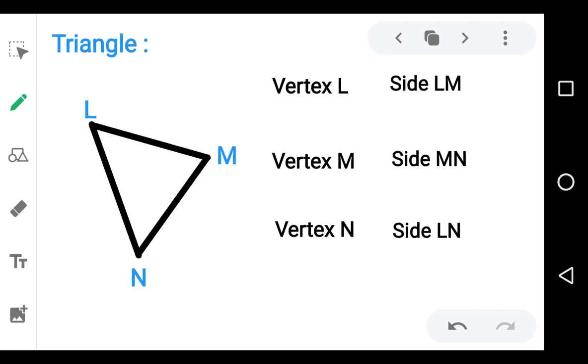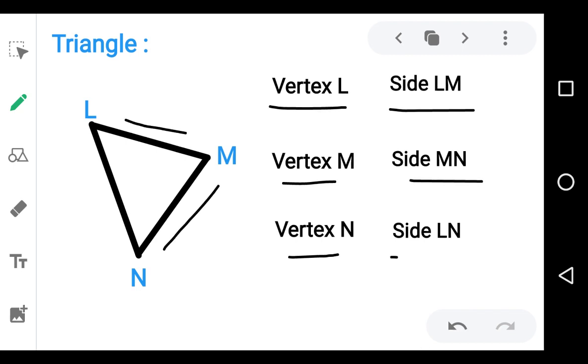Now after that, again we can name the vertices and sides in the triangle. The vertices are vertex L, vertex M, vertex N, and the sides are side LM, side MN, side LN.